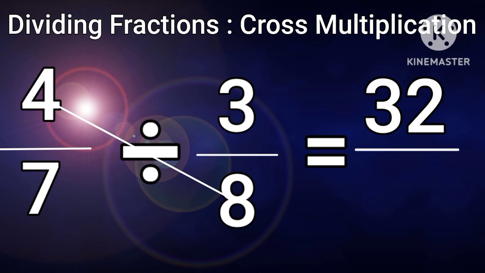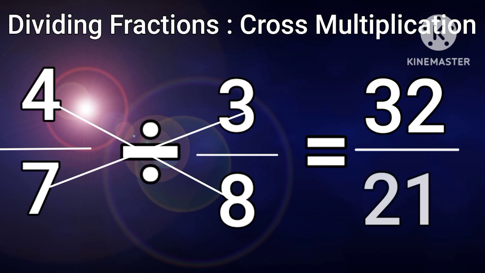And for our denominator, we multiply the second numerator and the first denominator, so 7 times 3 is equal to 21. So it's the same answer. The answer for 4 over 7 divided by 3 over 8 is 32 over 21. So that's how you divide fractions.